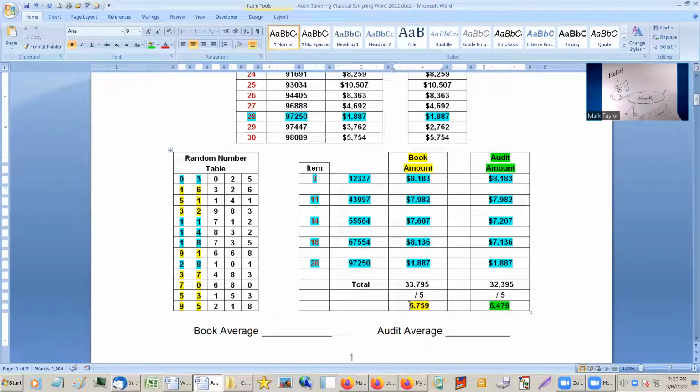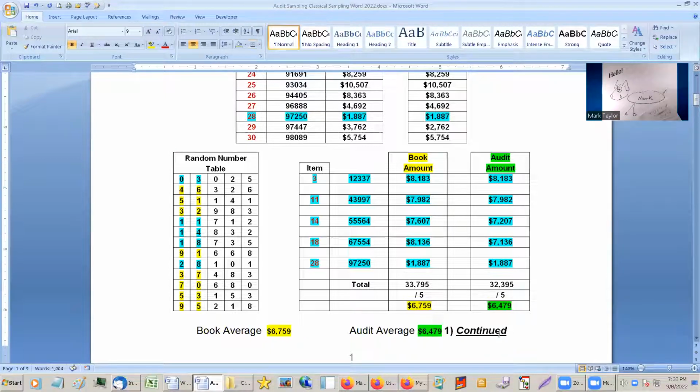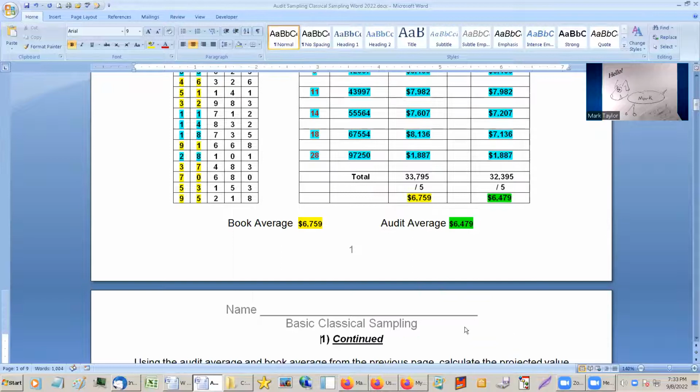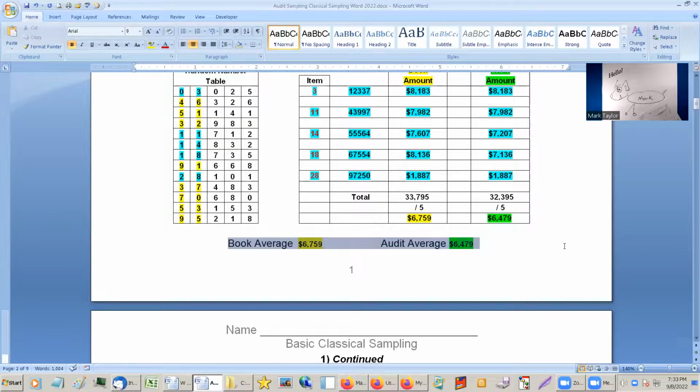These are in dollars, by the way. Okay, so here's the book average and here's the audit average.